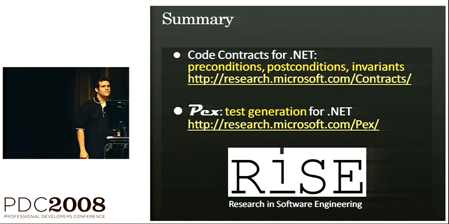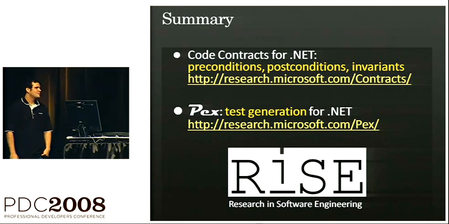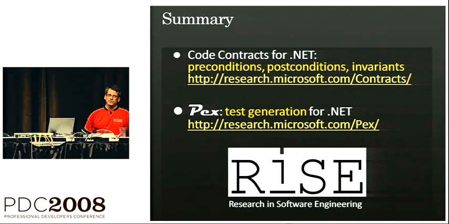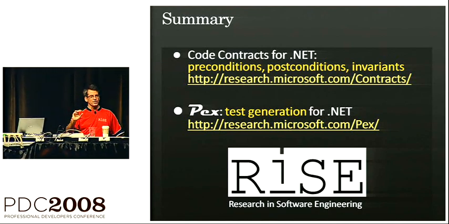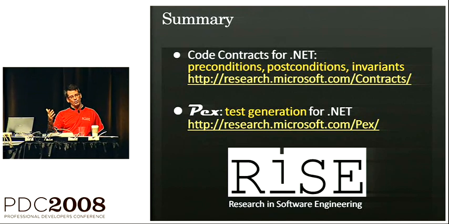The contract library, will it also be available for linking against version 3.5? So it's in your research download, right? In the research download, it comes as an independent library that you can use right now with 3.5. And then you won't need that any longer. Once you have 4.0, it'll just be inside the base class library. The problem is it's only available if you are able to upgrade your project to version 4.0.